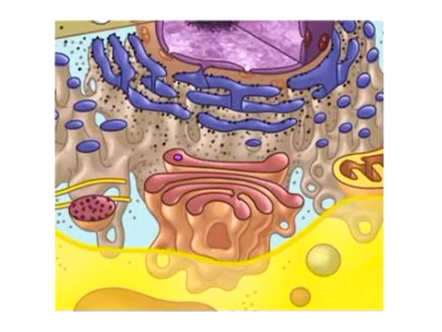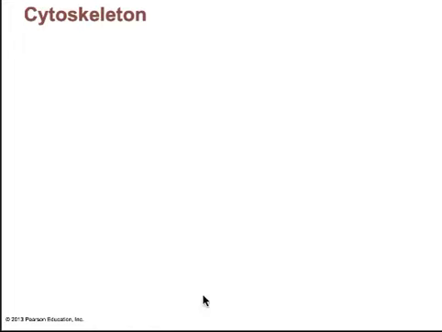The Golgi apparatus modifies the protein. The protein is dispatched from the Golgi in a transport vesicle that then fuses with the plasma membrane, releasing the protein to the outside of the cell.